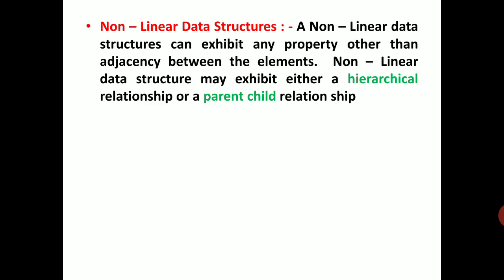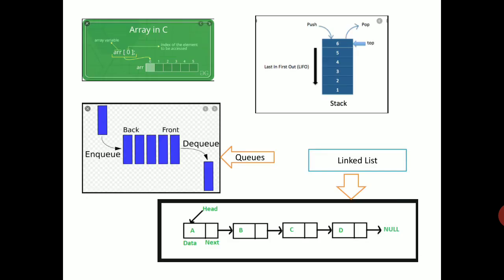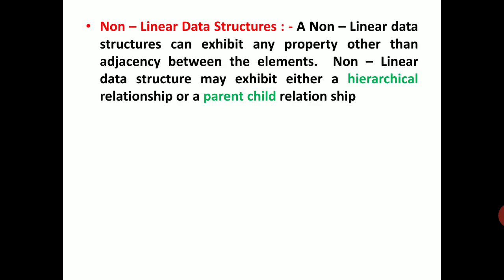So these are the examples of linear data structures. What are the linear data structures here? Array, stack, queue and linked list are the linear data structures. Then we are going to have non-linear data structures.